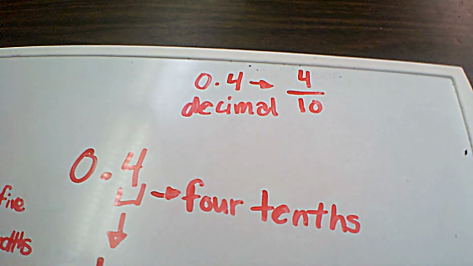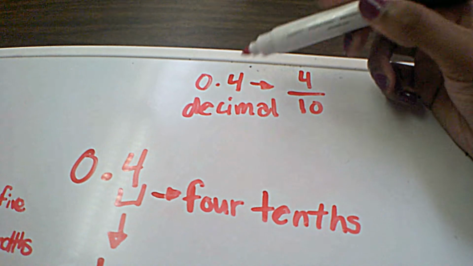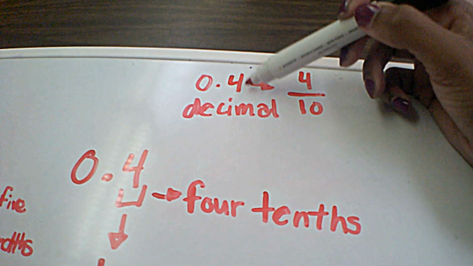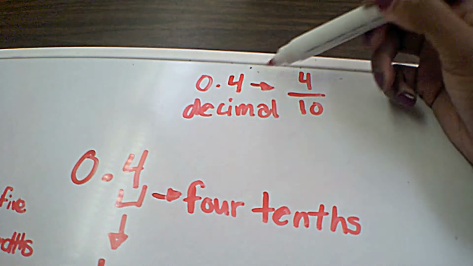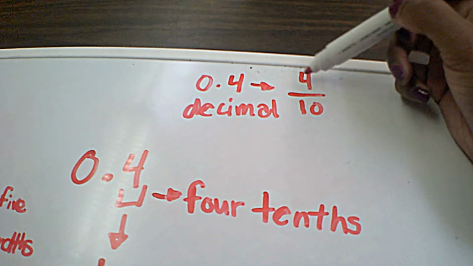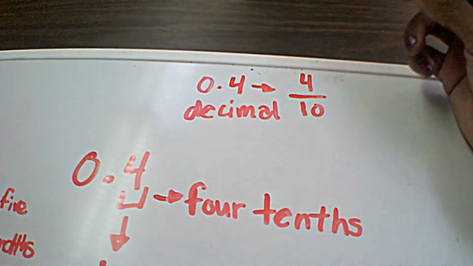Because I knew my place value, I knew this was the tenths place, I could have easily converted this quickly. 4/10.